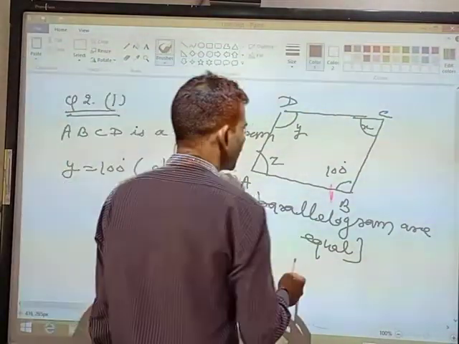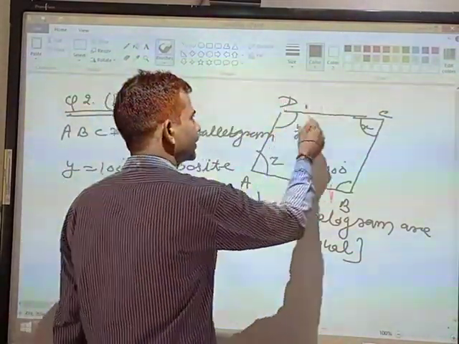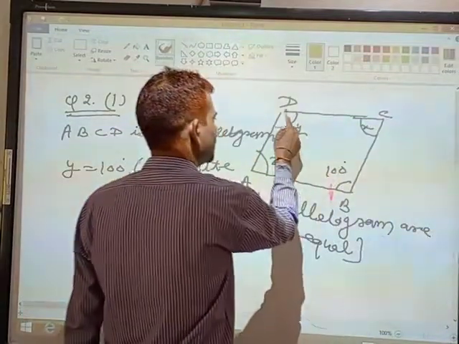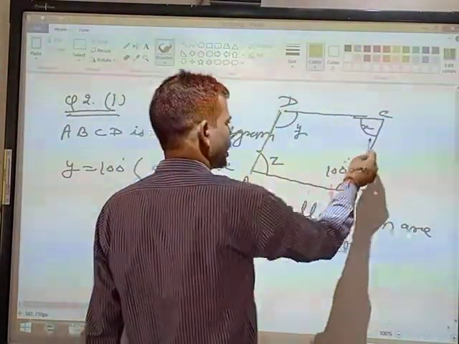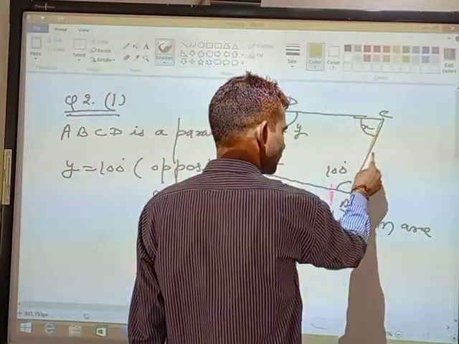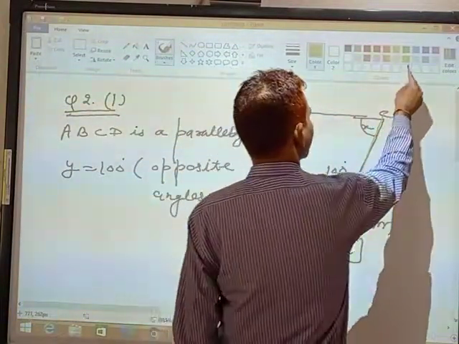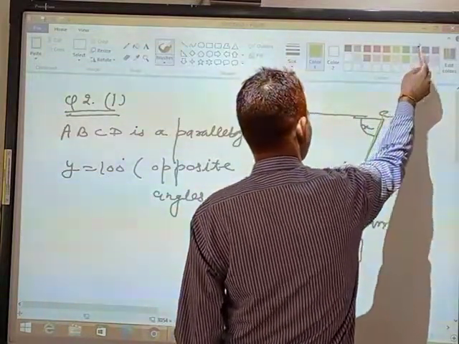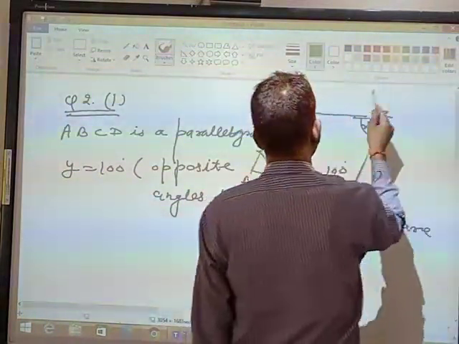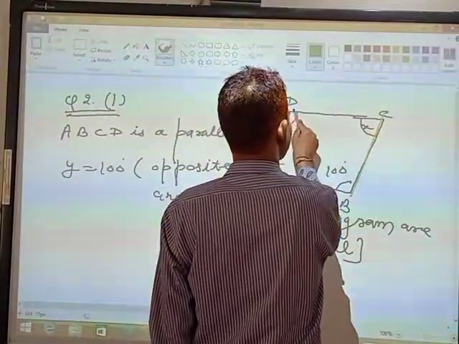Now students, we have to find out the value of x. Students, listen to me. This line is parallel to this line, and this is your transversal.